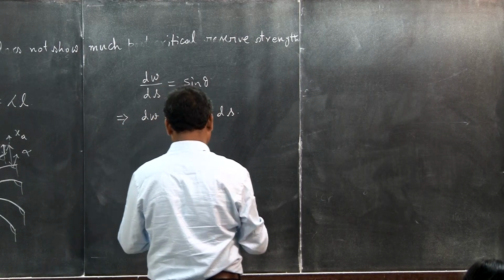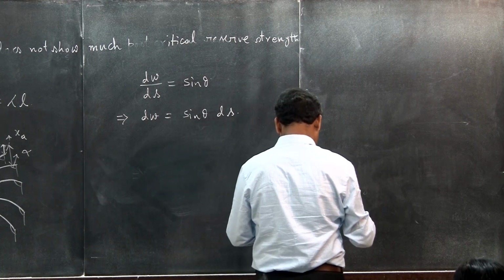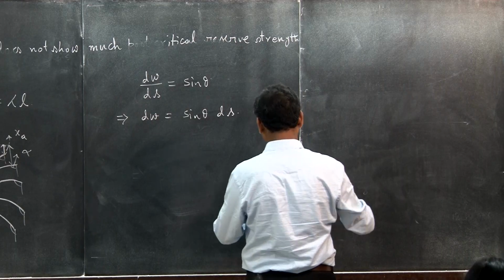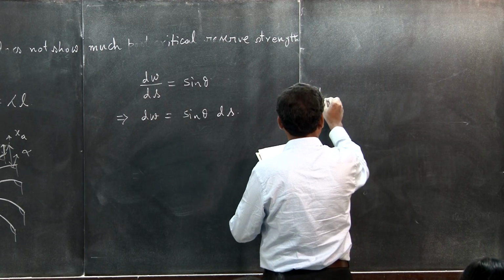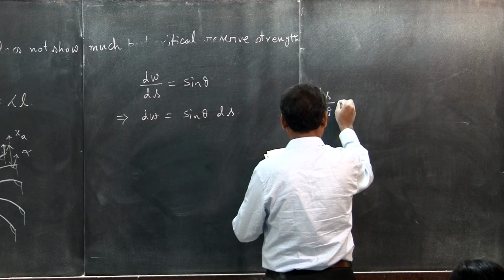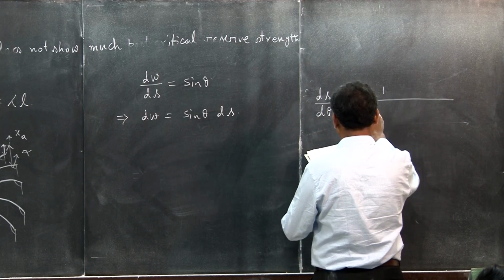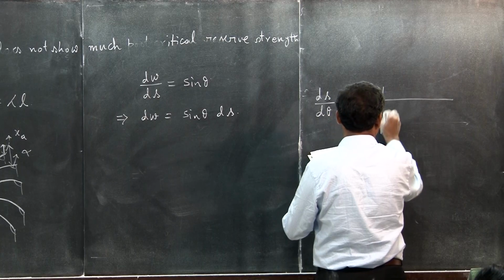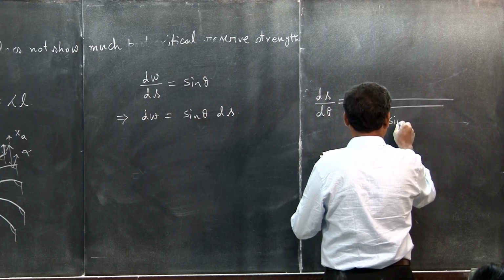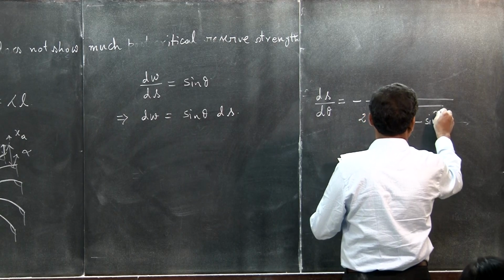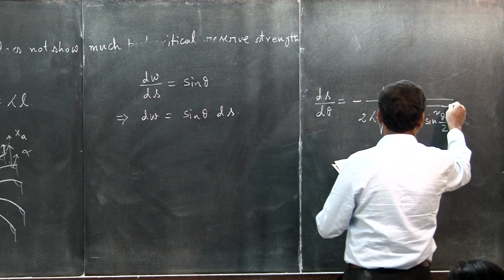What is ds? We have noted that ds d theta is nothing but minus 1 by 2 lambda sin square alpha by 2 minus sin square theta by 2, right.